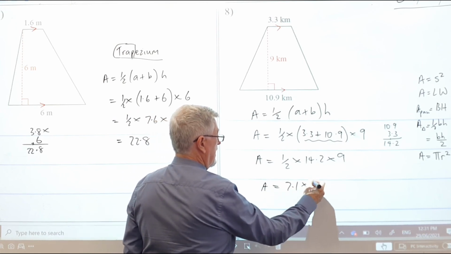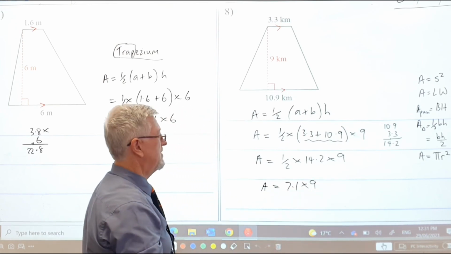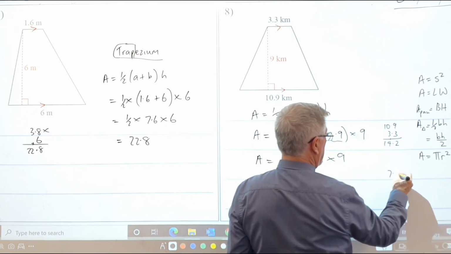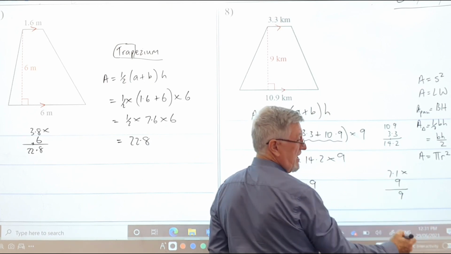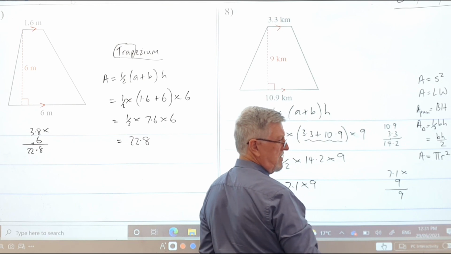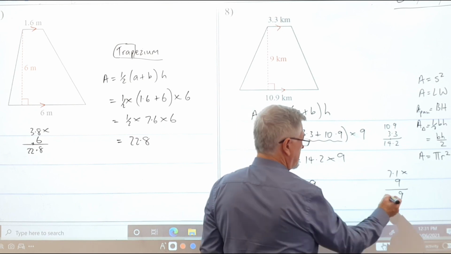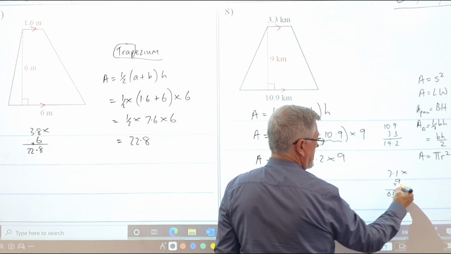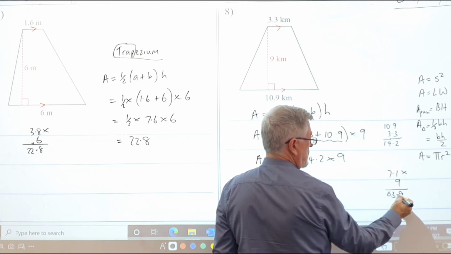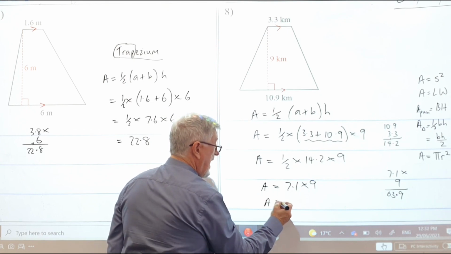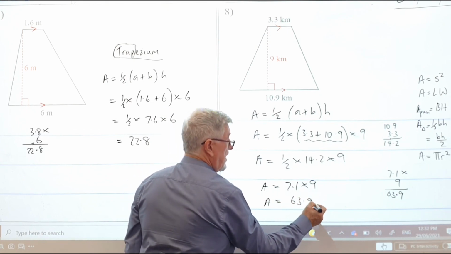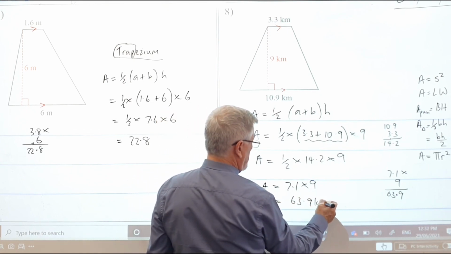Brilliant. And then times 9, that would be harder to do. But if we went 7.1 times 9, 9 ones are 9, 9 sevens are, do you know your 9 sevens? 63. Got it? There's one decimal in the calculation, so there's one decimal in the answer. But most of the time in our test, we're going to allow you to use a calculator and you'd have your kilometre square.